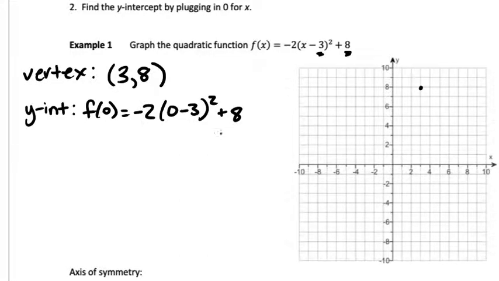Now, you might have a calculator where you can just type this in and it will give you the right answer. If not, it's just a little bit of work with order of operations. I need to do the parentheses first, so 0 minus 3, which is negative 3. And then I need to do the exponents. Now be careful. Negative 3 squared is positive 9.